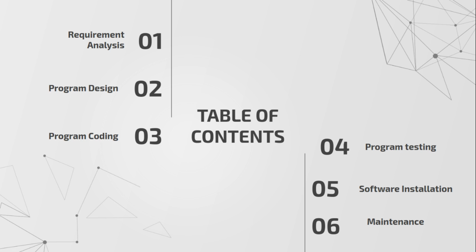Then while solving the problem, if there arise any cases, any issues, any bugs, or if any support is needed, then we'll go for maintenance. So these are basically 6 steps that are under the problem analysis phase.